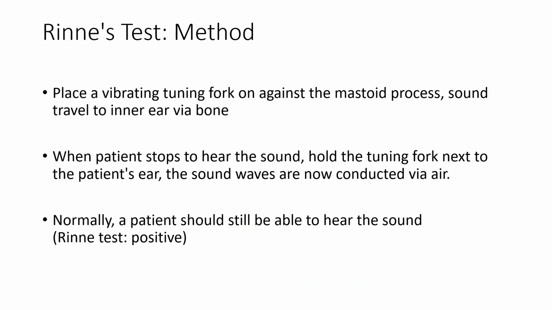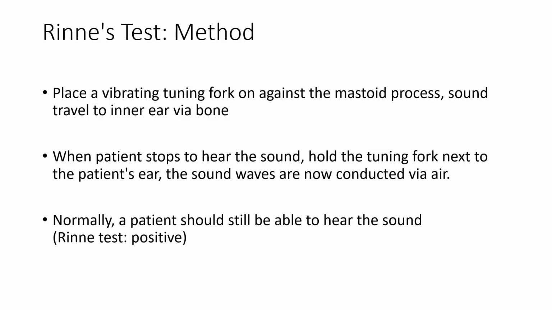The method: you place a vibrating tuning fork against the mastoid process. When the patient stops hearing the sound, you place this fork next to the patient's ear. The sound wave is now conducted by air. Now, normally, air conduction is better than bone conduction. AC is greater than BC.